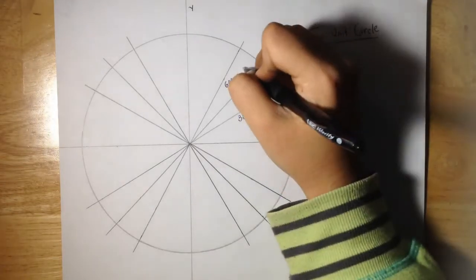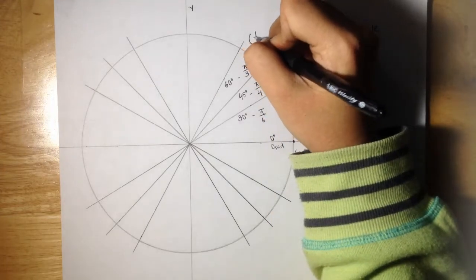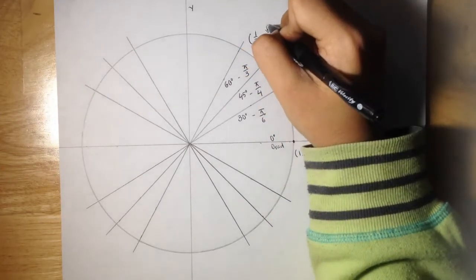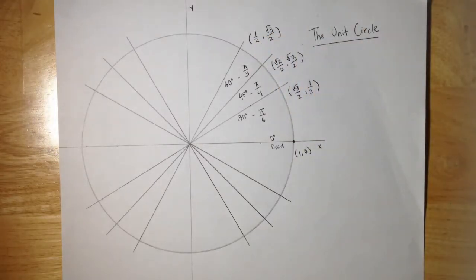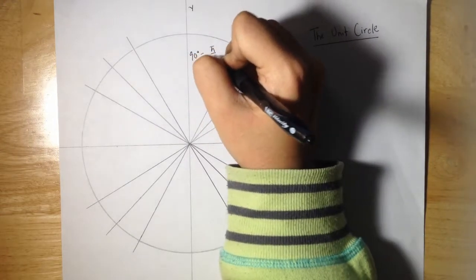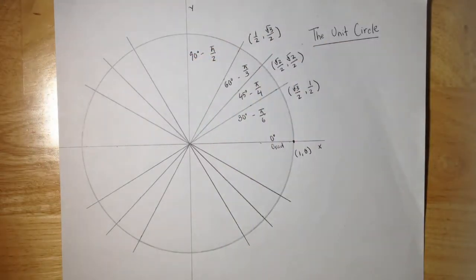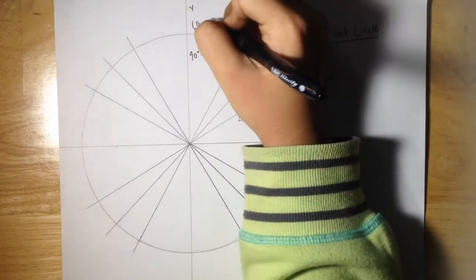Translates to pi over 3 radians. And the coordinates are 1/2, radical 3 over 2. 90 degrees translates to pi over 2 radians, and the coordinates for this are 0, 1.